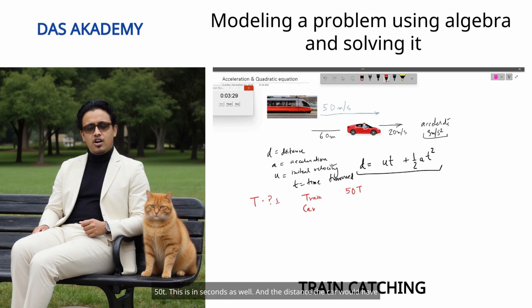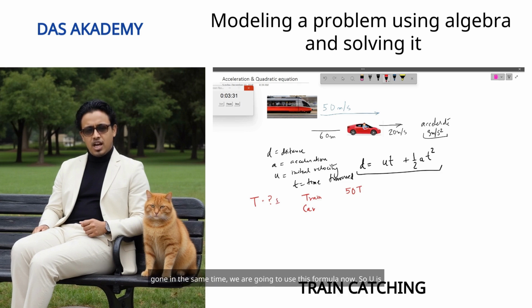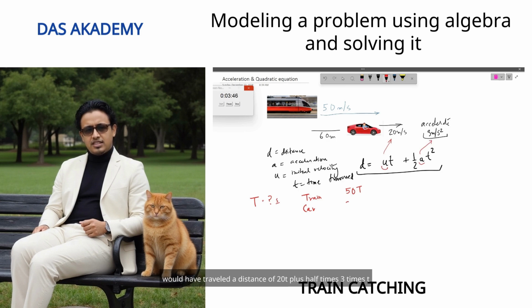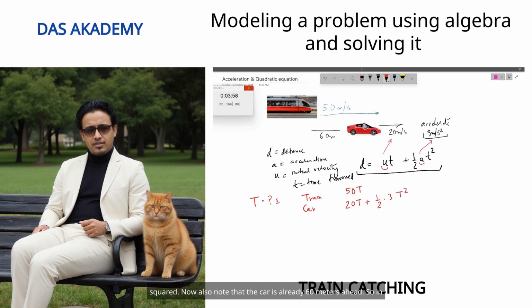And the distance the car would have gone in the same time, we are going to use this formula now. So u is 20 meters per second, a is 3 meters per second square. So the car would have traveled a distance of 20t plus half times 3 times t squared.